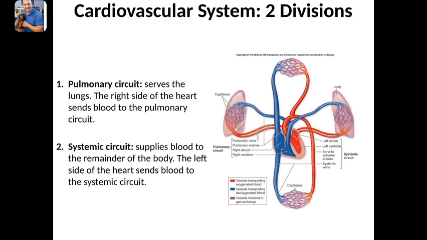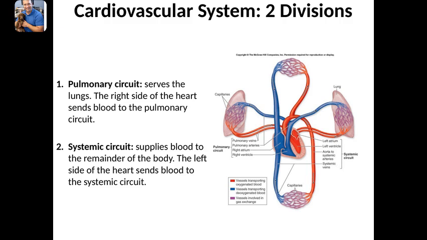To the left, we have the systemic circuit, which is going to be driven by the left ventricle. Powerful contraction is going to accelerate the blood through the aortic valve, which is a semilunar valve, and that's going to head up the aortic arch. It's going to deliver blood to the upper extremity and the brain.